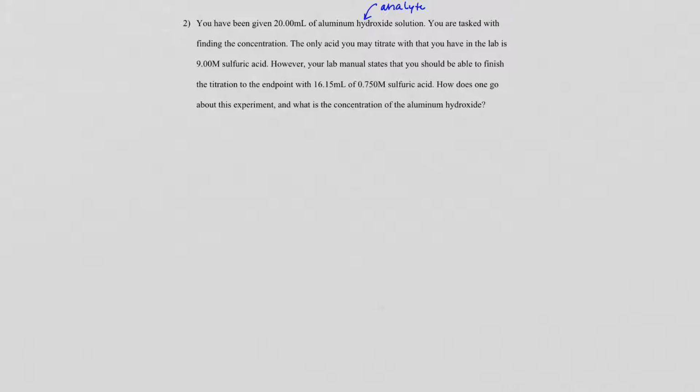So, obviously, we need to make 0.75 molar sulfuric acid. This should ring a bell from lecture, that this is just a dilution question. So this is your M1V1 equals M2V2, where M1 is your 9.00 molar, V1 you don't know, M2 is 0.750 molar, and V2 is questionable.